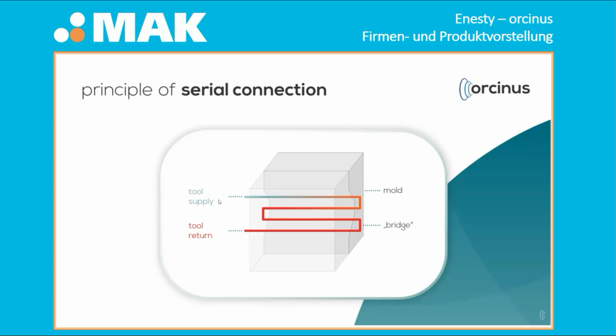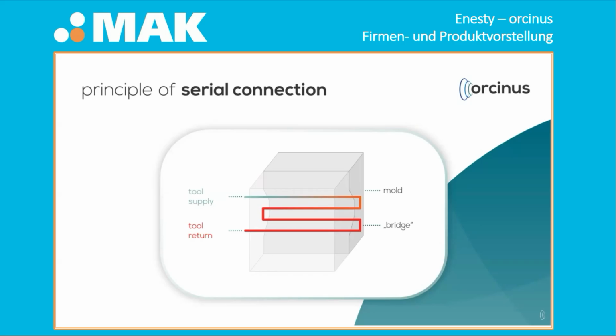And with every single circuit, the temperature is increasing, which makes the delta T from here to here, so from ingoing water to outgoing water, high. So about 7, 8, or even 10 degrees difference.